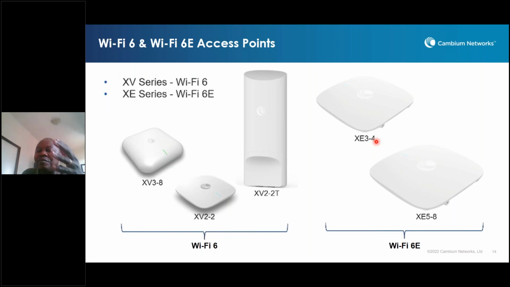The second number denotes the number of streams, and that's how the standard works. And the first number denotes the number of radios. This is why you want to use a Wi-Fi 6 or 6E device indoors, because it's got multiple radios, meaning I can handle more customers easily and more efficiently.